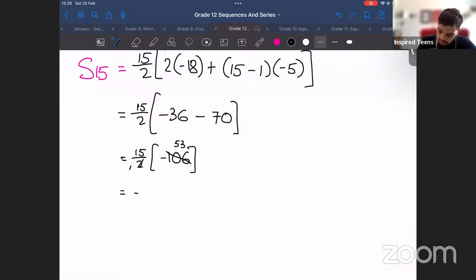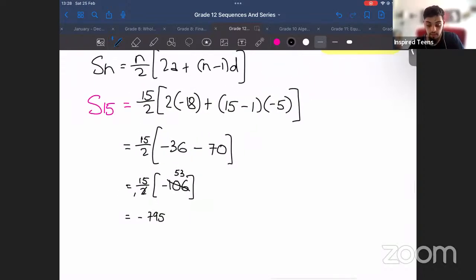So your answer is like negative 730 plus... I think it's like -795. Okay, let's just put it all in our calculator and get it.